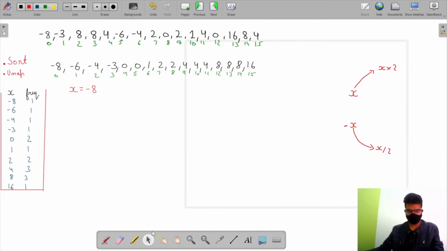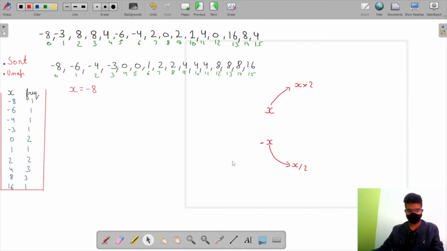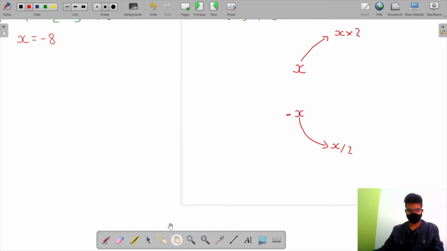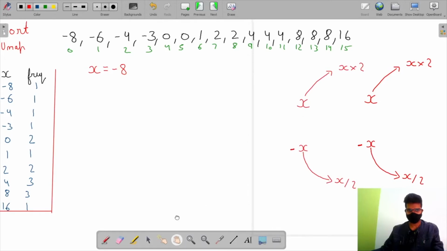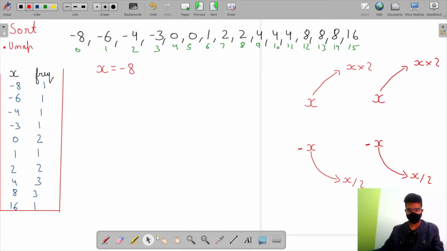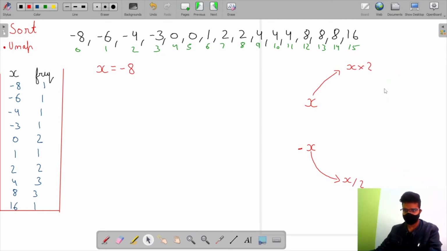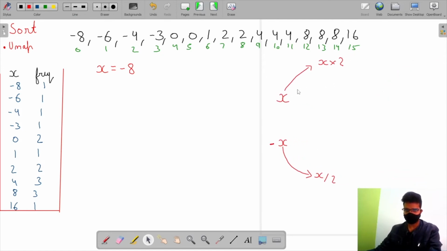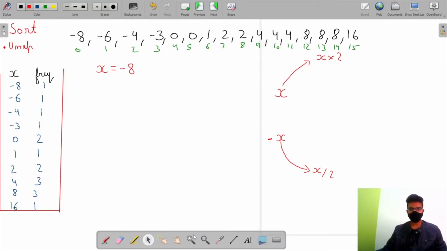We have already pasted it here. Let me zoom a bit. Perfect. I hope it is visible. My camera is not interrupting. We created some extra one, let's delete it.